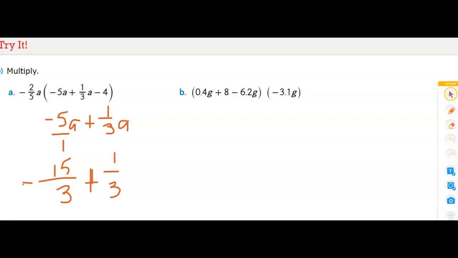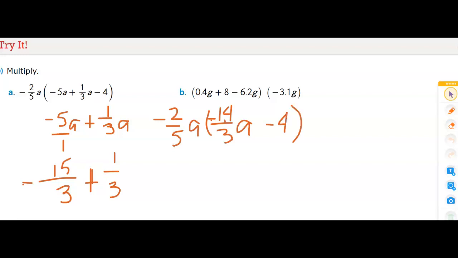Okay, so 16/3. I'm just going to continue writing to the side. So we have negative 2/5 a times 16/3. That will be negative. Actually, because it's negative, it's actually going to be 14/3 a minus 4.